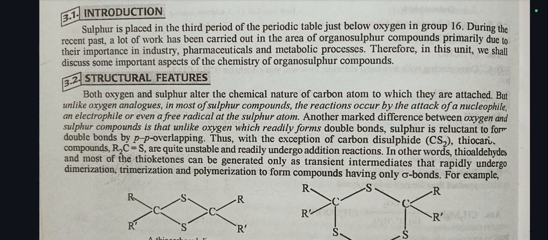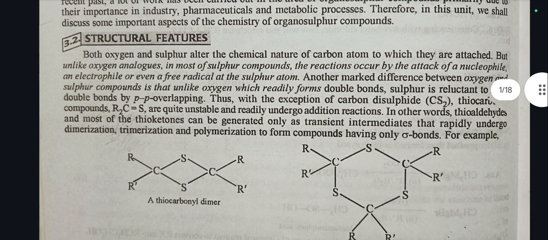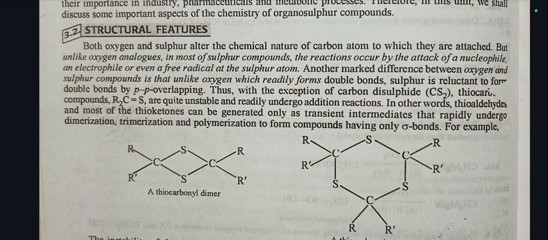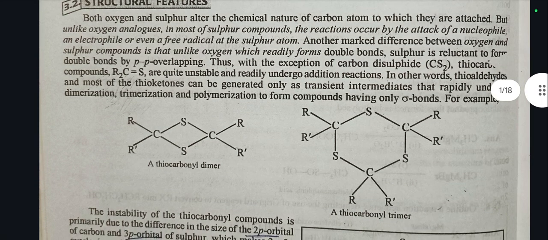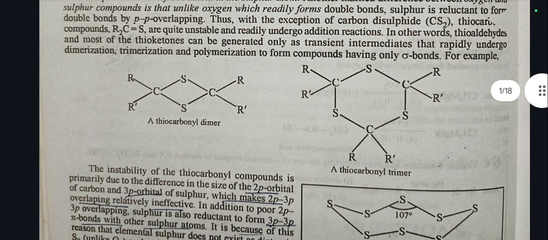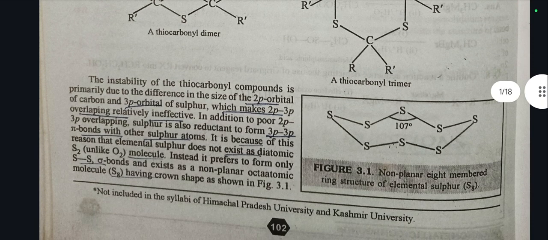In other words, thioaldehydes and most thioketones can generate only a transient intermediate that rapidly undergoes dimerization, trimerization and polymerization to form compounds having only sigma bonds. The instability of thiocarbonyl compounds is primarily due to the difference in the size of the 2p orbitals of carbon and the 3p orbitals of sulfur, which makes 2p and 3p overlapping relatively ineffective.